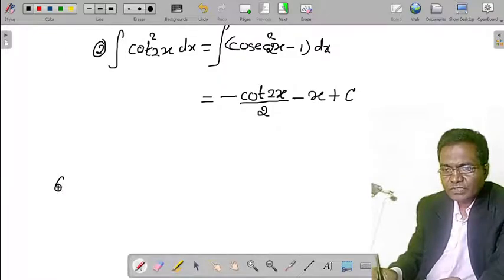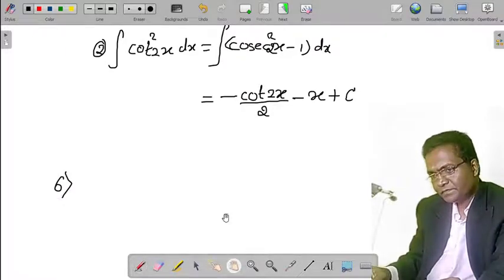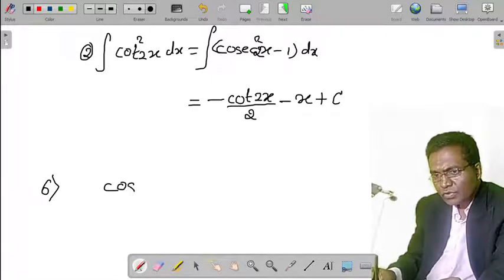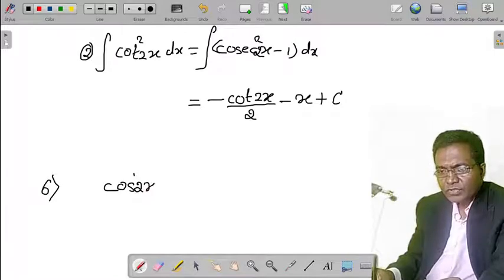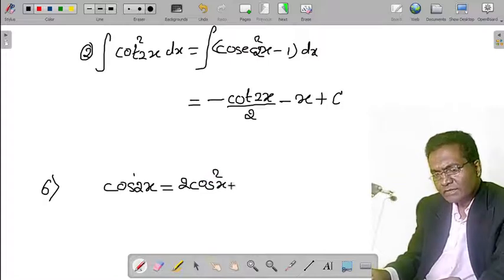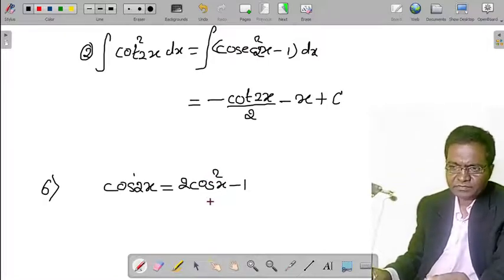So the sixth one, we have cos 2x. Cos 2x is actually 2 cos square x minus 1.